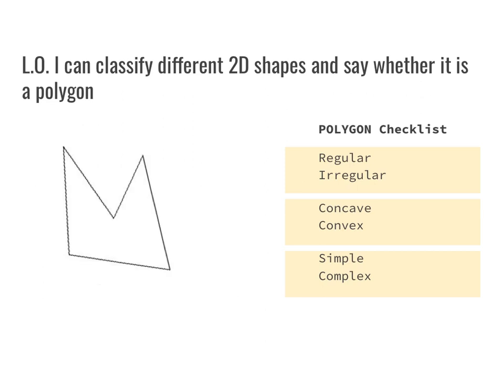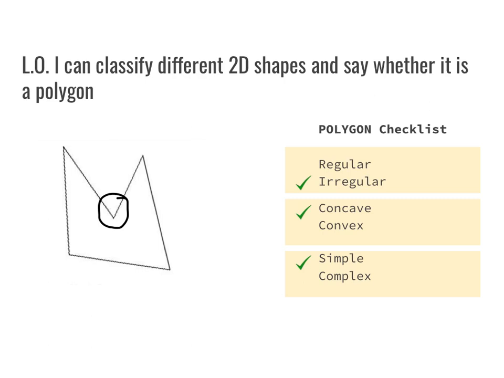Now have a go at this shape. Now this is an irregular polygon because the sides are different in length. And it is concave because one of the angles is pointing inward. And this is a simple shape because none of the lines cross over.